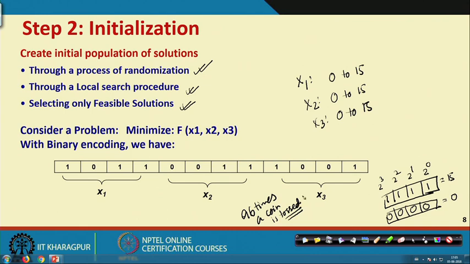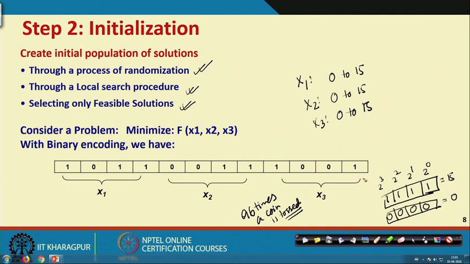Now, suppose head is 1 and tail is 0. Suppose first we get a head, so I put 1, then a tail, so 0, head, head, 1, 1, then tail, tail, head, head, then head, tail, tail, head. So, that will be our first chromosome. That is the randomization that we are talking about.